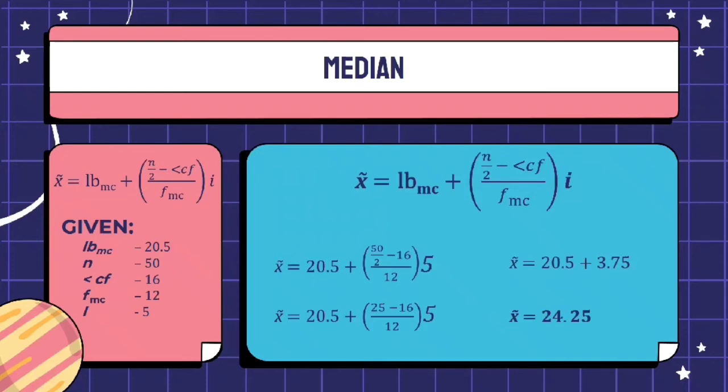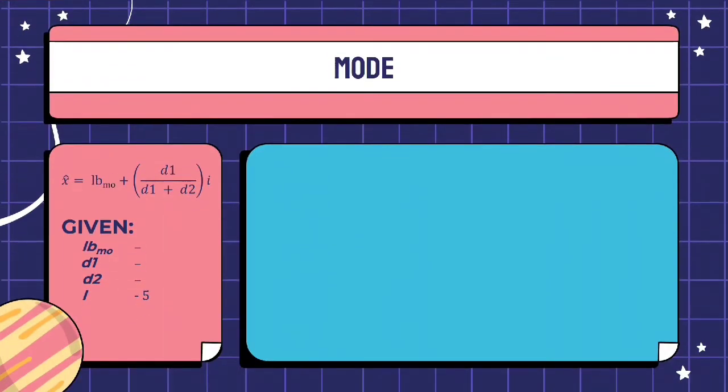Simplifying this will give us 20.5 plus 3.75, giving us a final answer of 24.25, which is the median of the group data. Lastly, we have the mode.